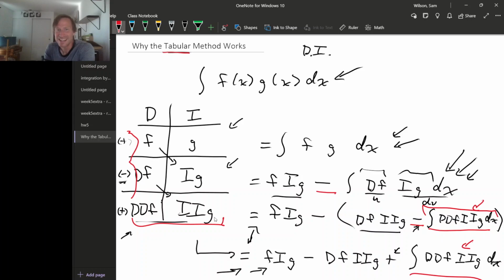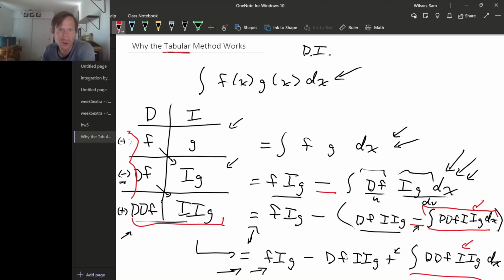You can see that writing out this table and just writing everything out all in one go can make using integration by parts much easier. This table isn't a substitute for understanding how integration by parts works, but it is a nice way to keep track of all of the bookkeeping when you need to do integration by parts multiple times.